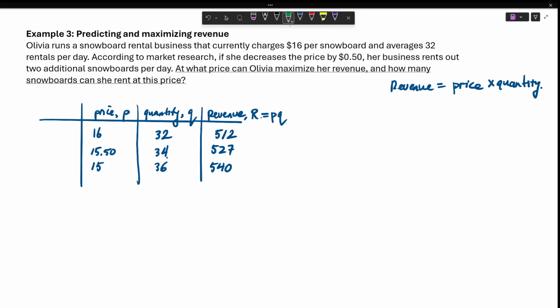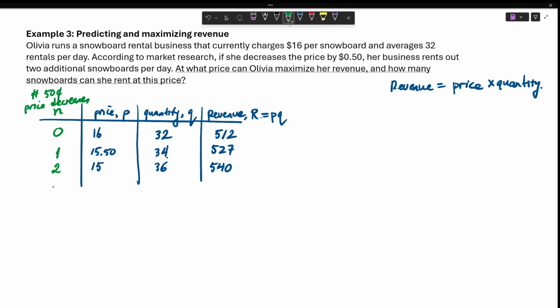Well, here's how we're going to mathematically model it. Let's call n the number of 50-cent price decreases. Okay, so the first row, she's decreased the price 0 times. The next row, she's decreased the price once. The next row, she's decreased the price twice, and so on.